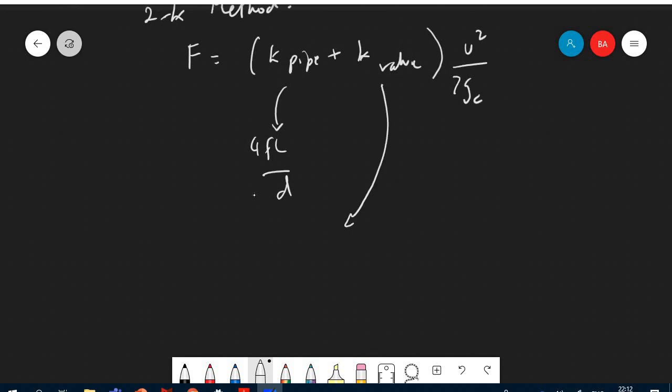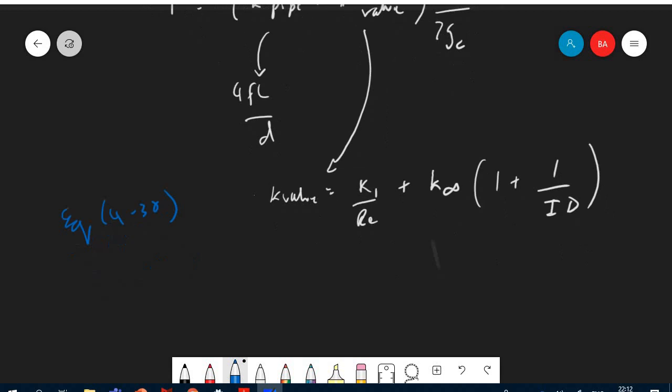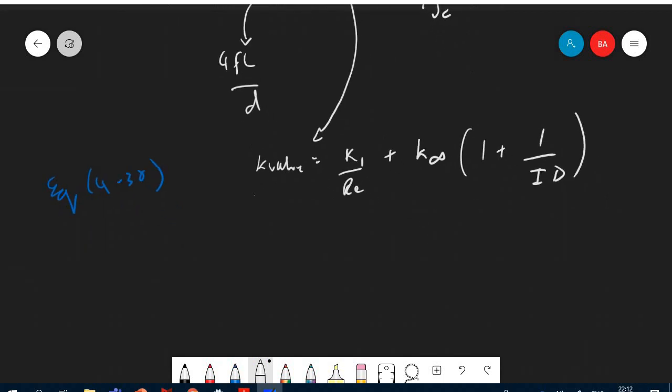The K valve is equal to K1 over Reynolds number plus K infinity into 1 plus 1 over internal diameter. That is equation 4.30. For the globe valve, it's 1500 over Reynolds number, which was calculated, plus 4 into 1 plus 1 over internal diameter, which is given to us.